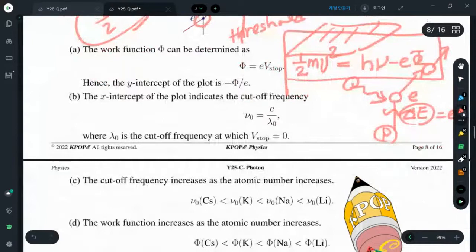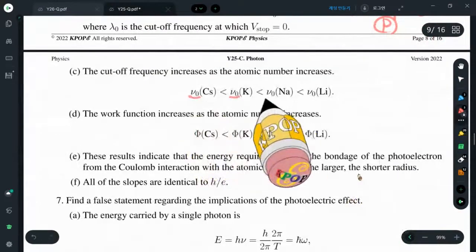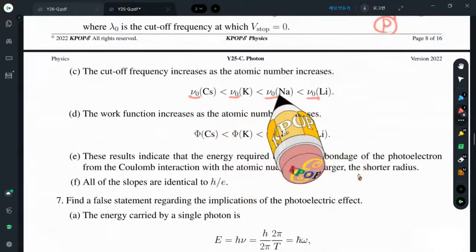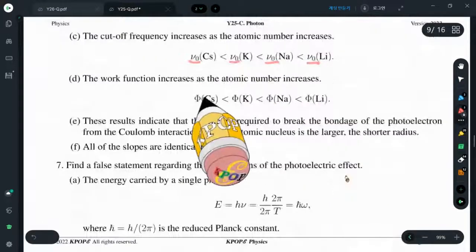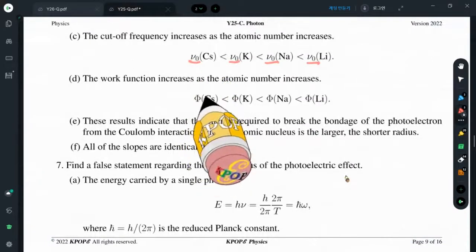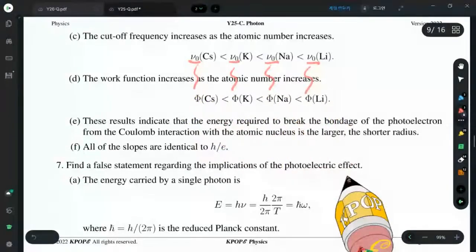So the frequency depends on the size of the atom, and they still have some connection.